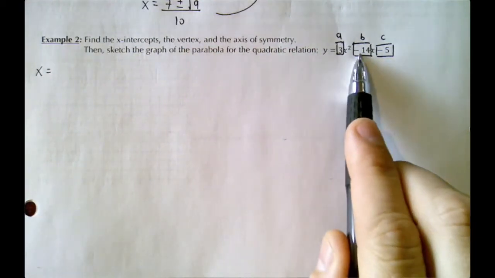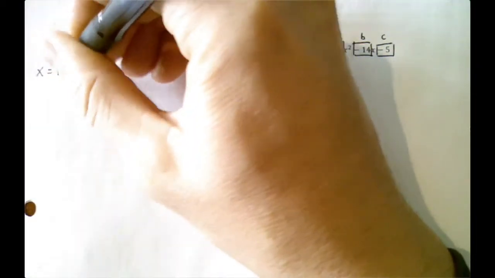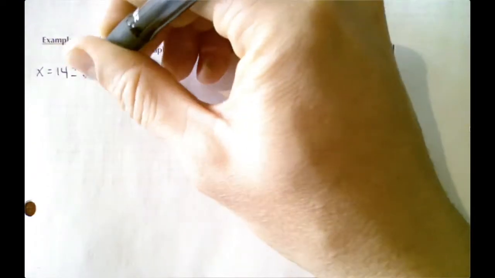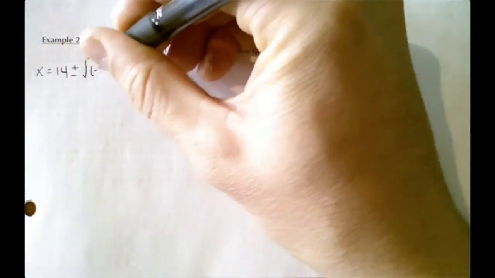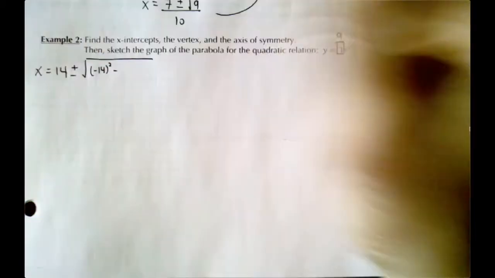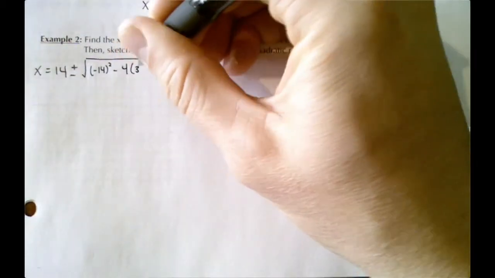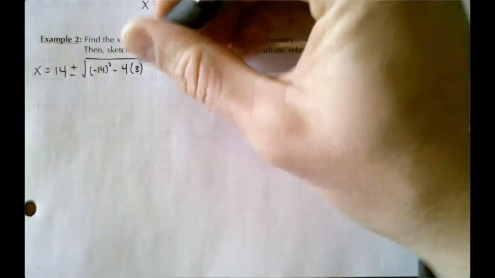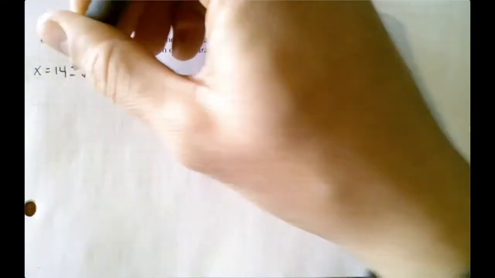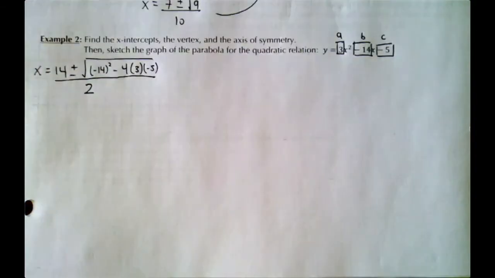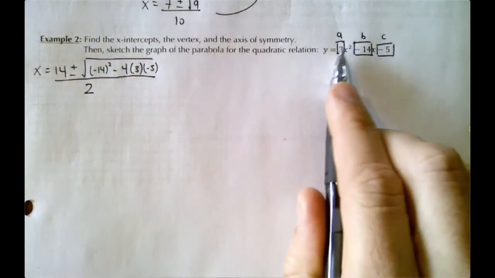X equals, and it's negative B, so it's negative 14, which is just 14, plus or minus the square root of B squared, which would be negative 14 squared, minus 4 times A is 3, times C is -5, all divided by 2A, which is 3.